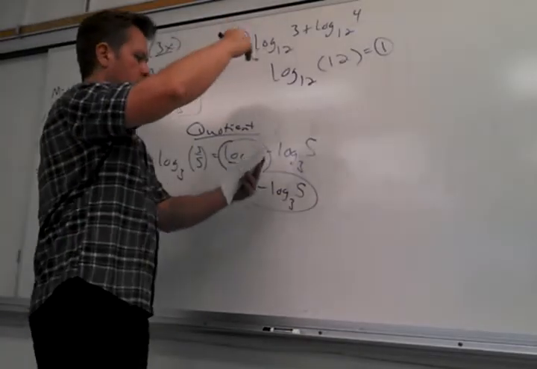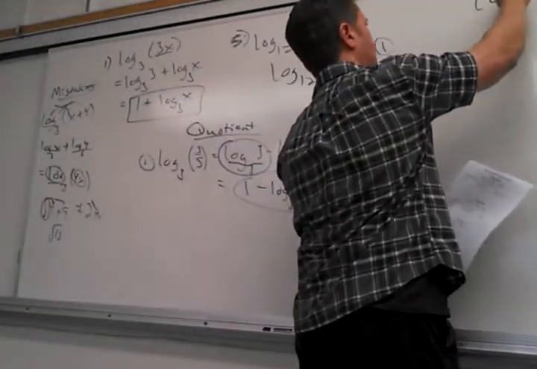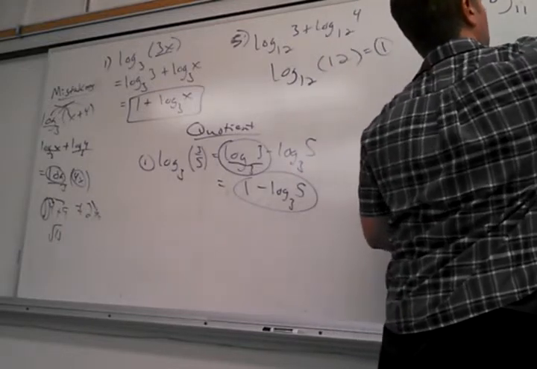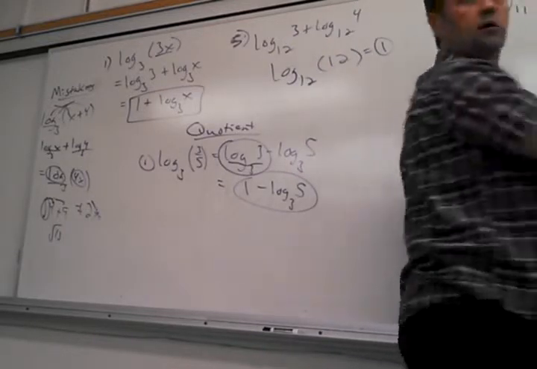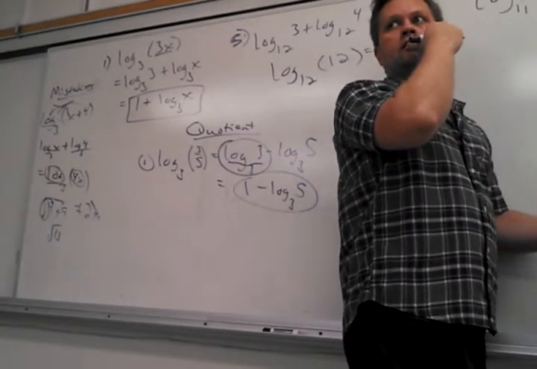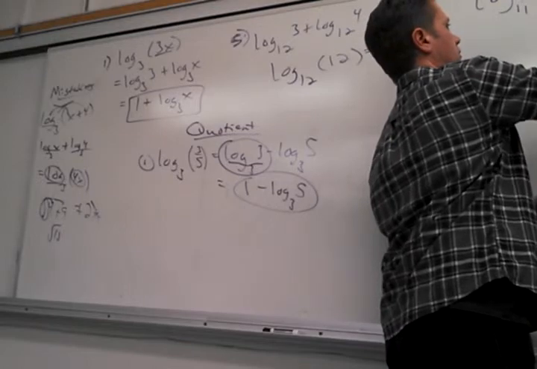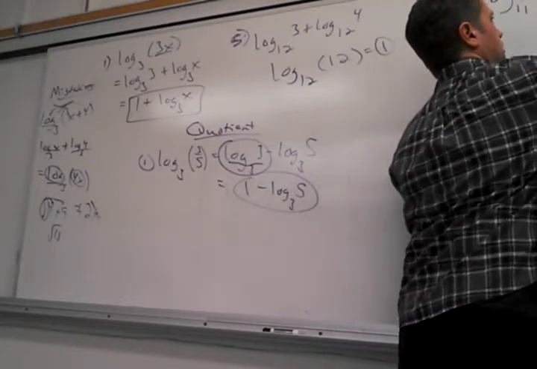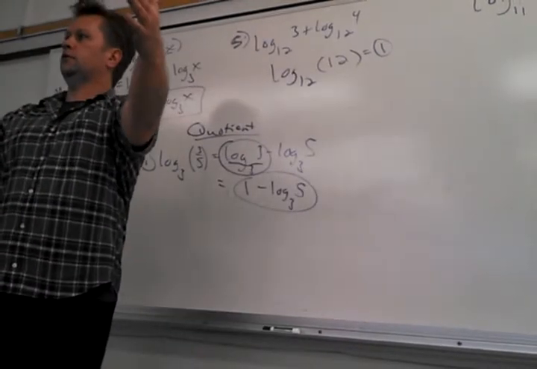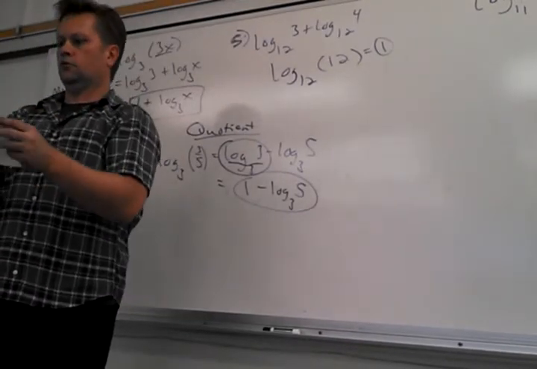So on the example, log base 11 of 3 over 11 equals log base 11 of 3 minus log base 11 of 11, right? Which one of those can I do? Log base 11 of 11. So it's written still the same. I just did the part that I could. That's all. You do the part you can, wherever it is, and you leave the part you can't, wherever it is.